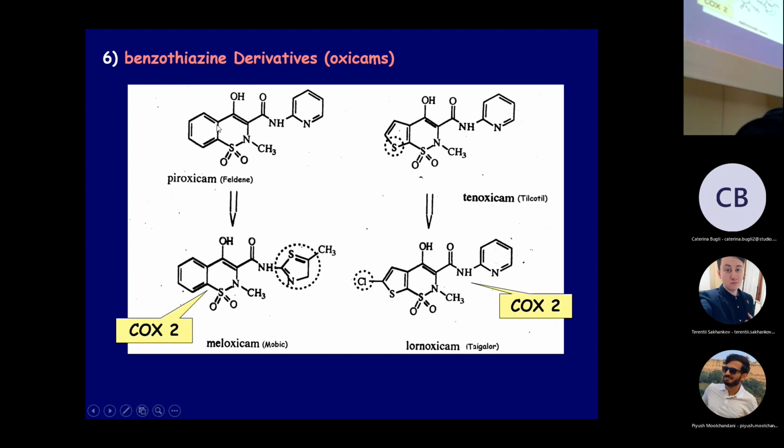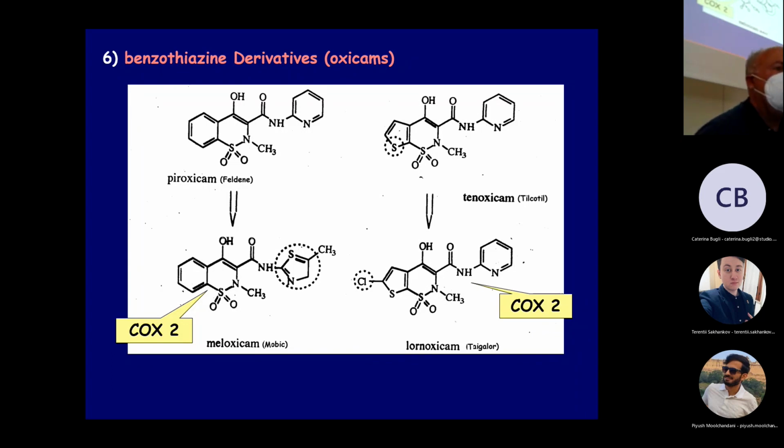Benzothiazine. Benzo, because there is an aromatic ring. Thia means sulfur. Azo, if you remember, is nitrogen. This class is quite strange from the chemical point of view.